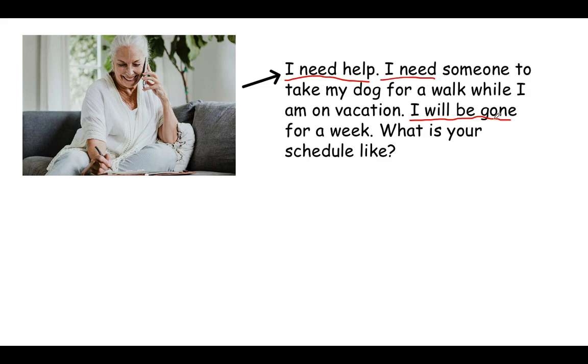"I will be gone" instead of "I go for a week," because if she said "I go for a week," that would mean that she does her vacations all the time and she does them always for a week. But if she says "I will be gone for a week," or "I will be going for a week," or "I am going for a week," that means that it's something that she's planning in the future. It's something that she wants to do in the future.